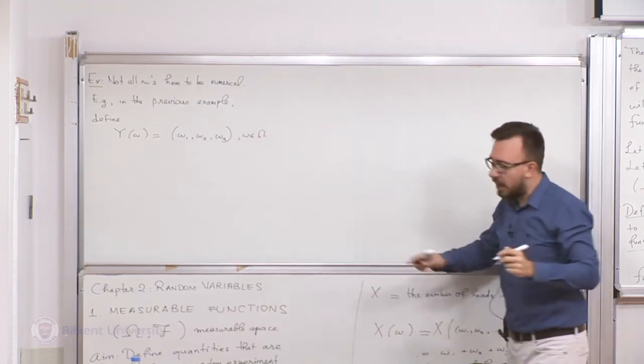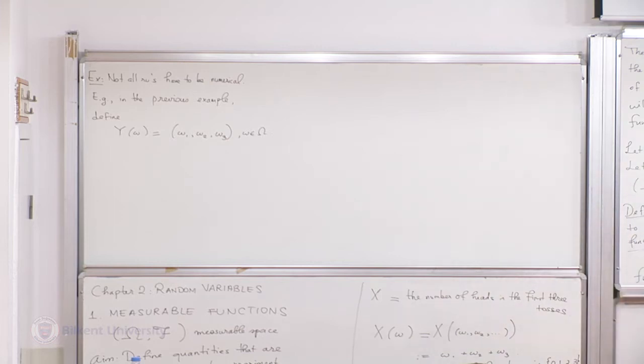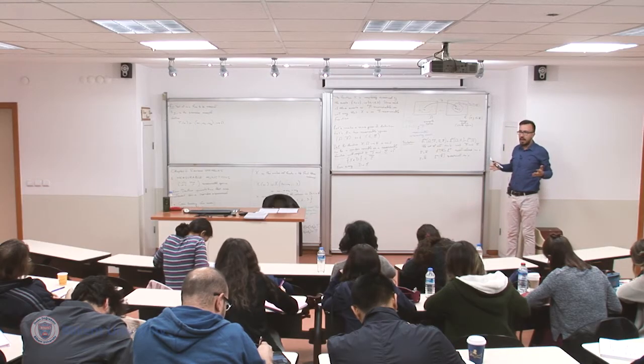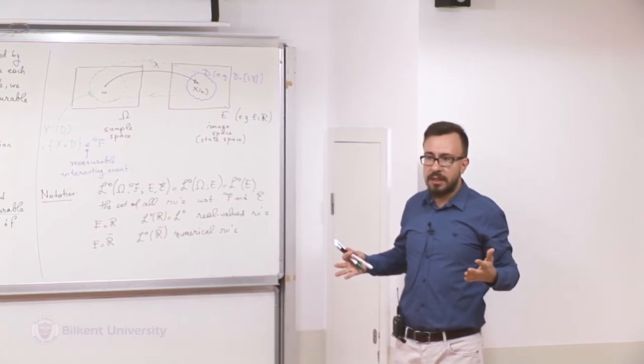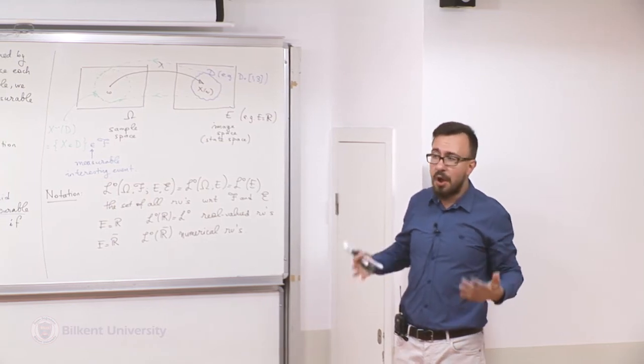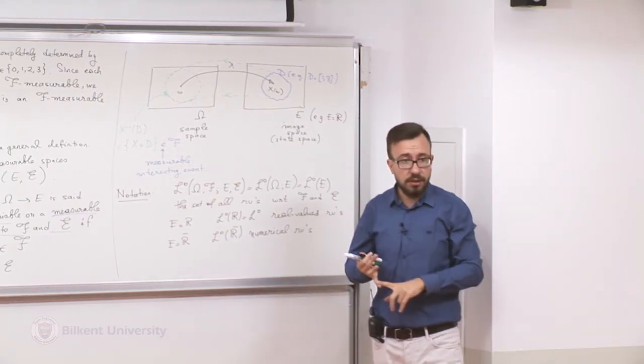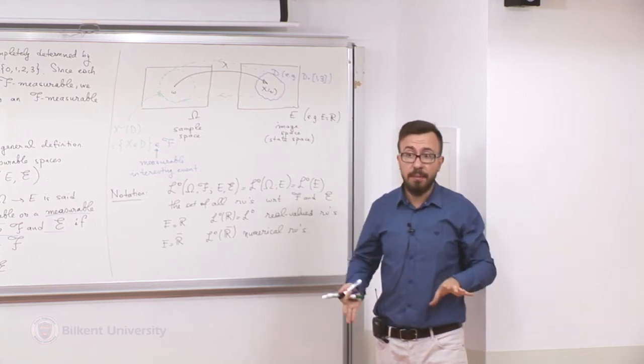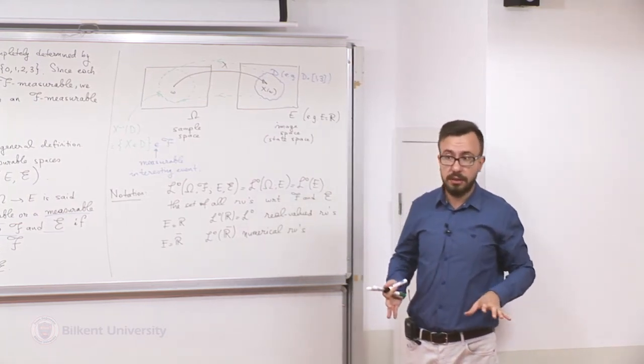What does that mean? So in the previous example, you were interested in the total number of heads in the first 3 tosses. Now you're interested in something more than that. You want to know if you get heads in the first toss, in the second toss, and in the third toss. The whole information about the first 3 tosses.